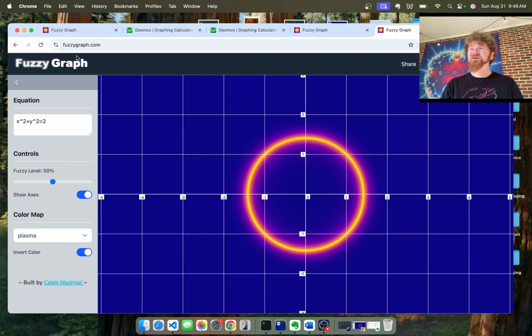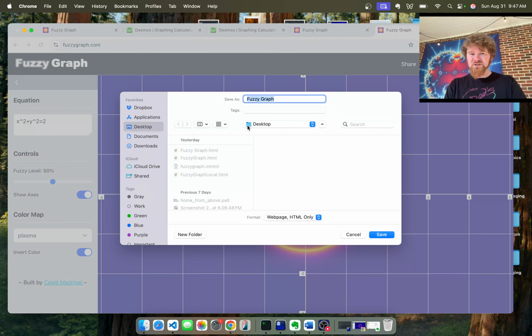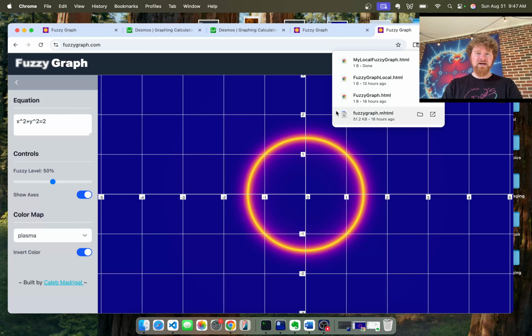There's no server component, in fact, and this is kind of a technical perspective, but this means something very practical, which is you can actually save FuzzyGraph. It's actually written in a way, very intentionally, where my local FuzzyGraph, so I can save this as a file on my desktop.